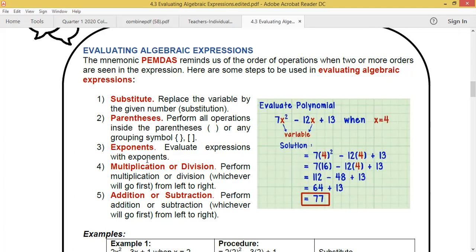Next is multiplication or division. So we have 7 times 16 is 112. Negative 12 times 4 is negative 48 plus 13. So we have 112 minus 48 plus 13. The answer is 77.